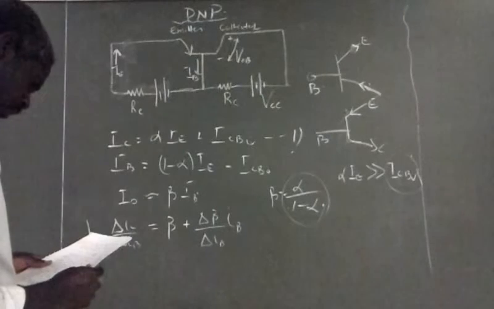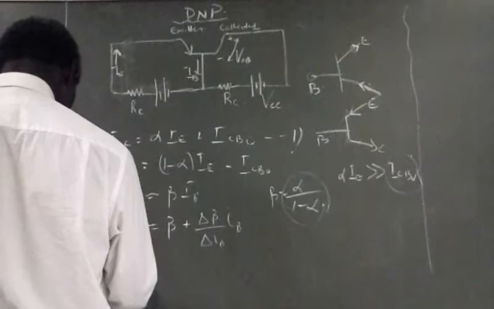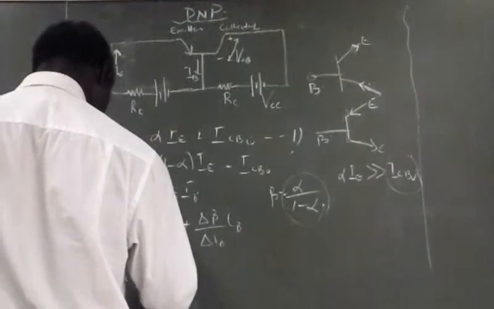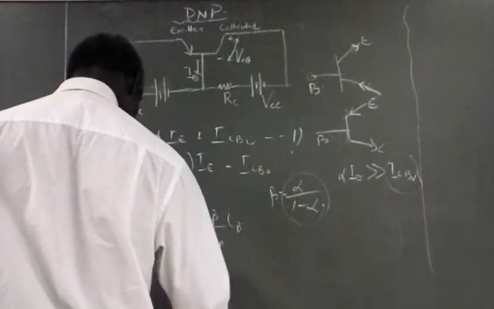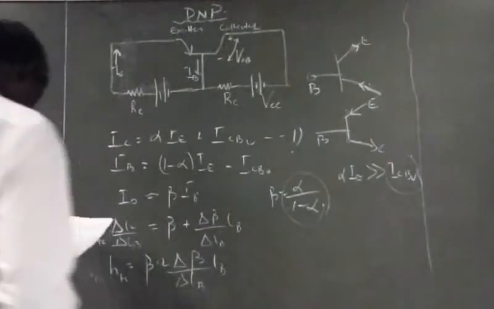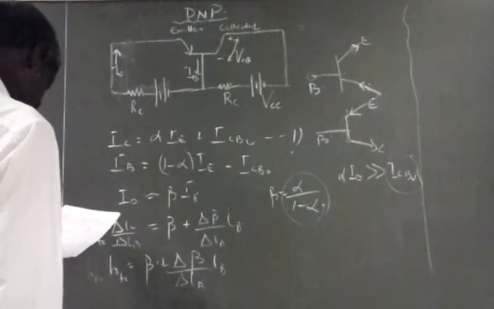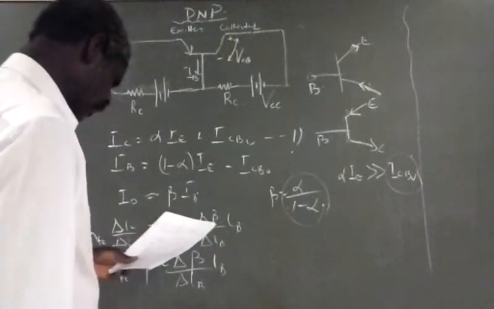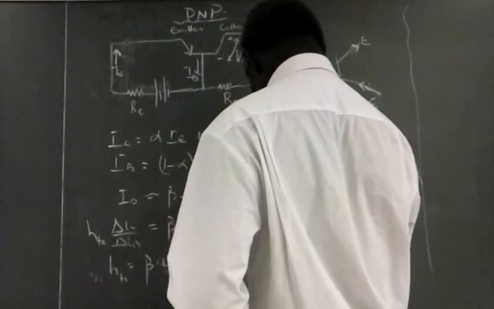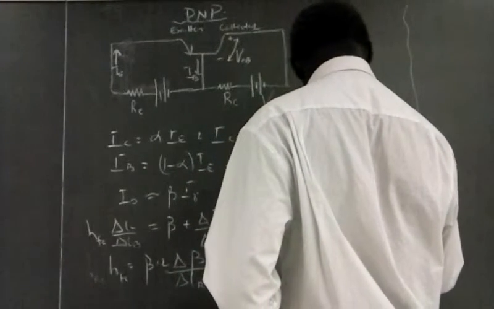The small signal current amplification factor HFE is therefore equal to beta plus delta beta over delta IB times IB. And if you let delta beta over delta IB times IB be small compared with beta, then what we'll have now is that HFE will be approximately equal to beta.